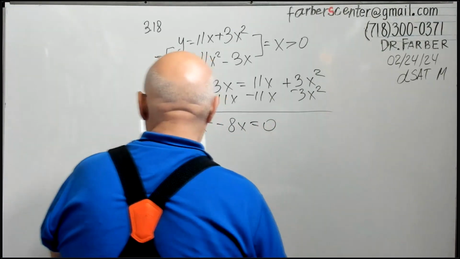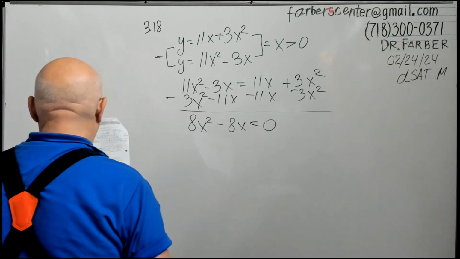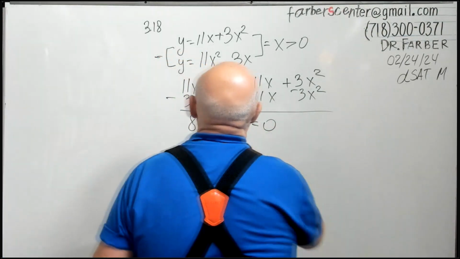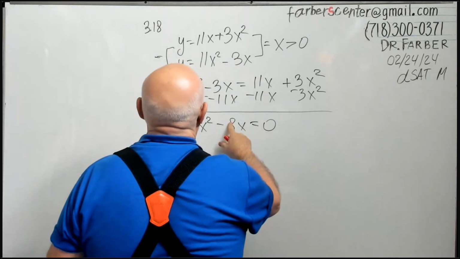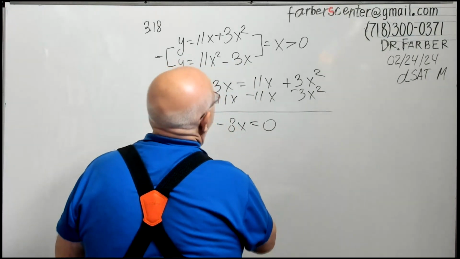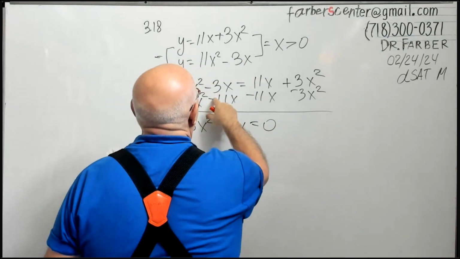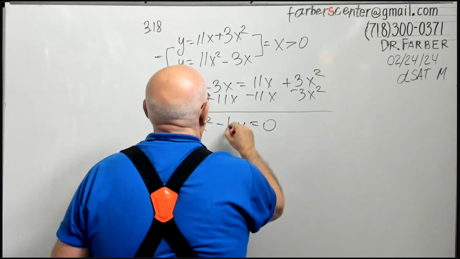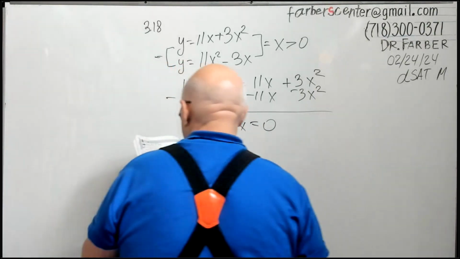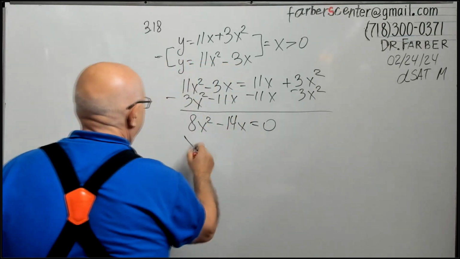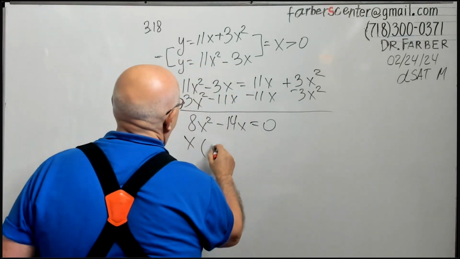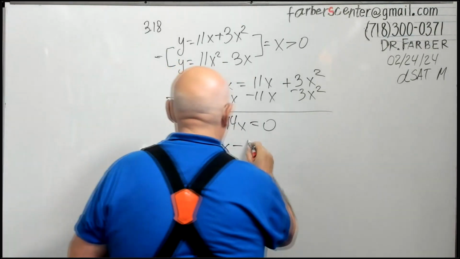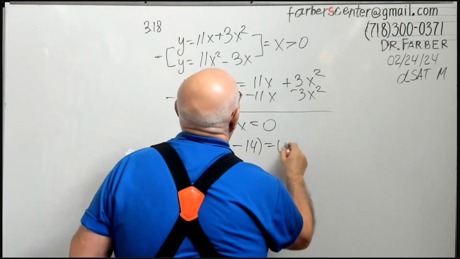Okay, let me see this one. We're talking about number 18, right? This is minus, if I subtract this, minus 14x. Well, x times 8x minus 14 equals 0.